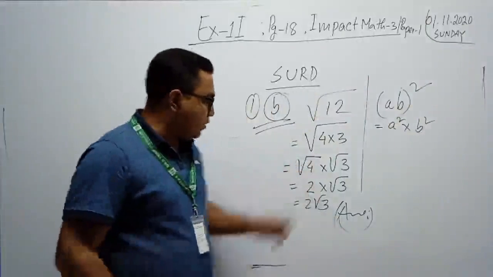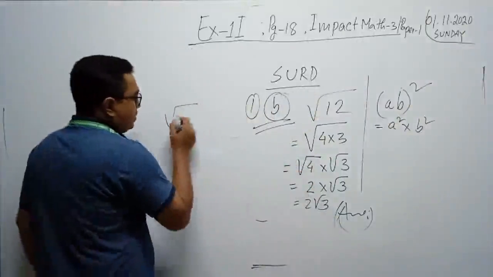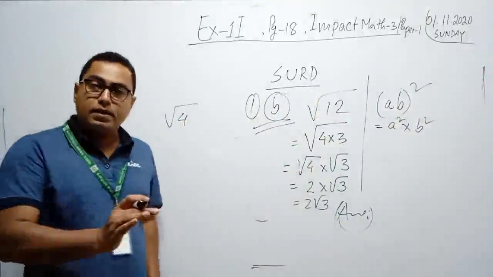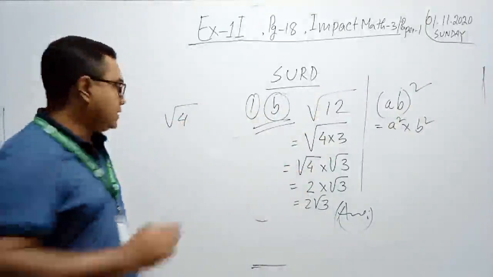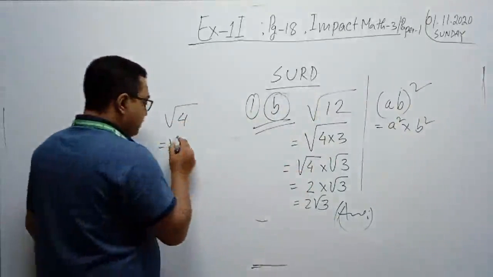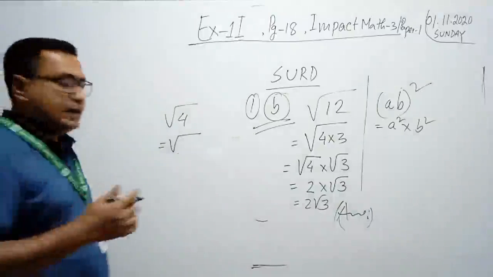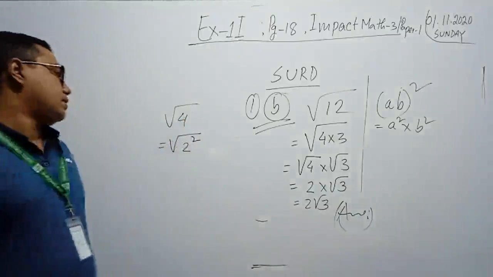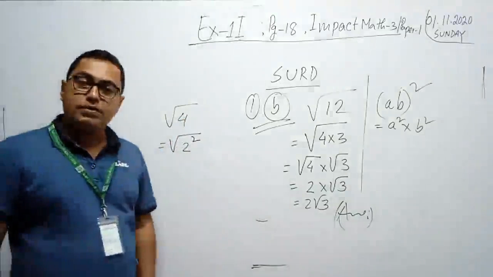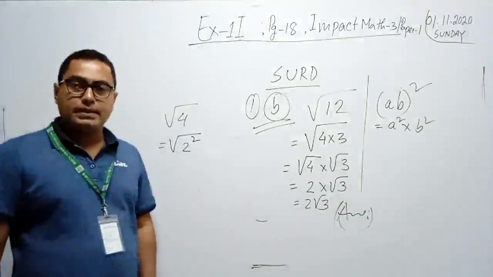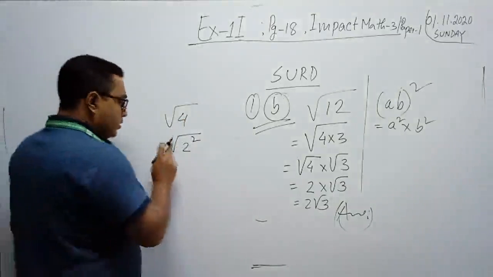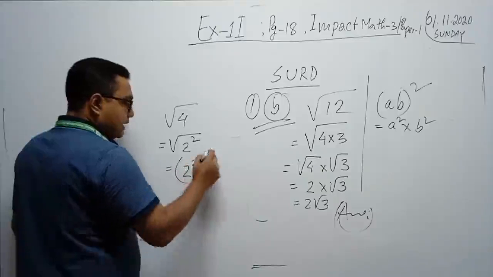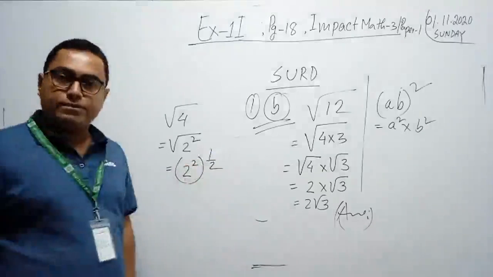This square root of 4, we wrote here 2 directly, suppose using a calculator. But the philosophy that we are using here is actually 2 to the power of 2 inside. So this square root will give you the power of half.